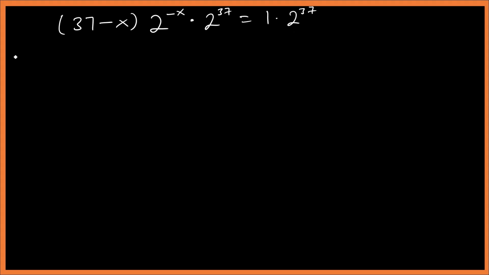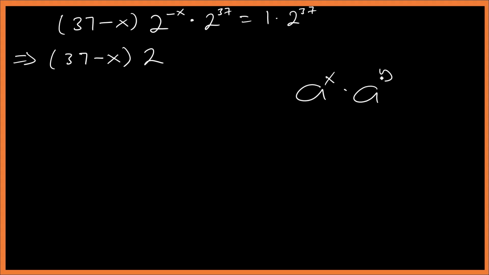Okay, so this one will give us 2 raised to 37 minus x times 2 to the power 37. Now anytime we are given a exponent x times a exponent y, it is a exponent x plus y, so we add the powers.